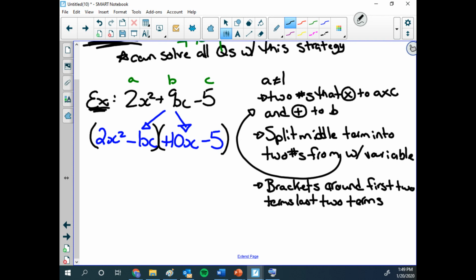And now what? Not the GCF, right, from each bracket. So going back here, looking at this first set of brackets, 2x squared minus x, what's the greatest common factor?